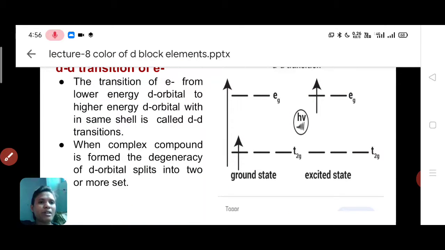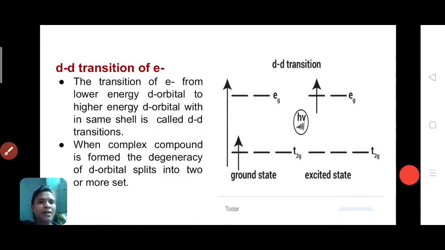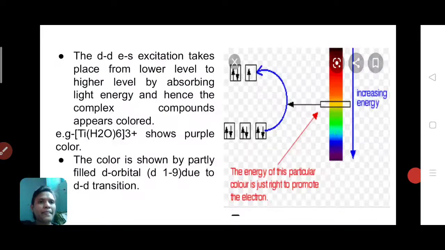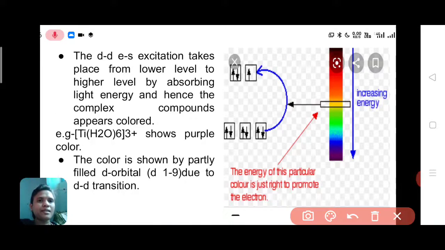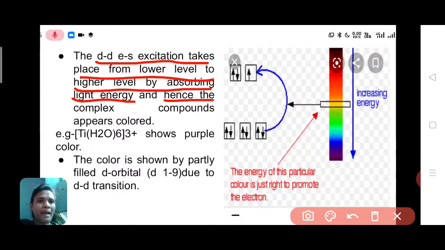So this is called d-d transition. I hope you get it now. This d-d electron excitation takes place from lower level to higher level by absorbing light energy, and hence the complex compound appears colored.